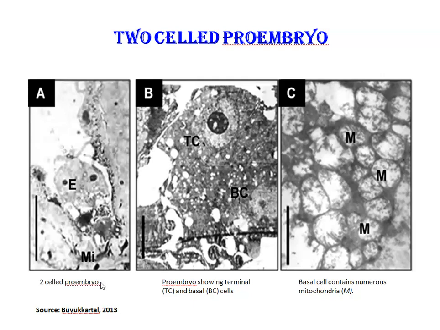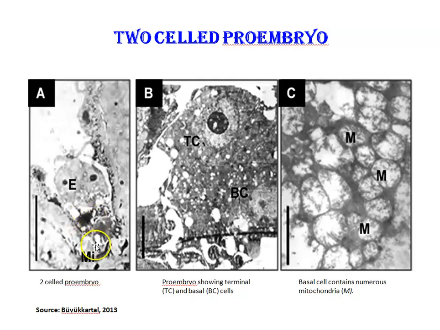Terminal cell: the nucleus becomes elongated and occupies a large part of the cell. The nucleus at this stage has an electron-dense nucleolus, which contains several small vacuoles.